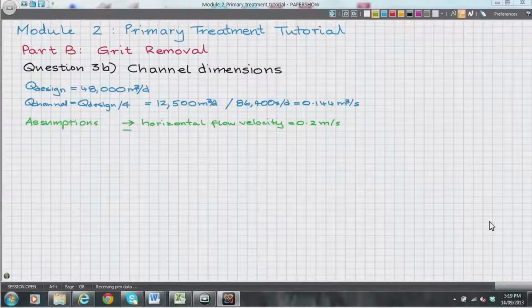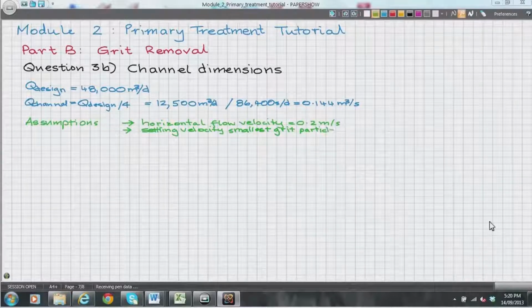Then we're going to assume that the settling velocity of the smallest grit particle that we completely need to remove is 0.012 meters per second.